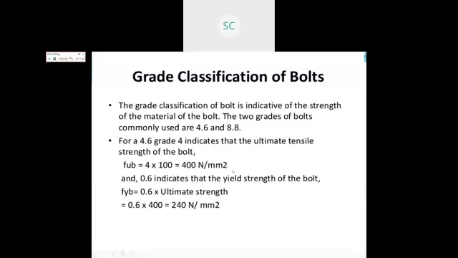In some books they are using 400, some books 410. And 0.6 indicates the yield strength of the bolt. Yield strength means 0.6 times ultimate strength. So if you multiply 0.6 into 400, you get 240 Newton per mm square. Yield strength 240 and ultimate strength 400 Newton per mm square. So this is called 4.6 grade of bolts.